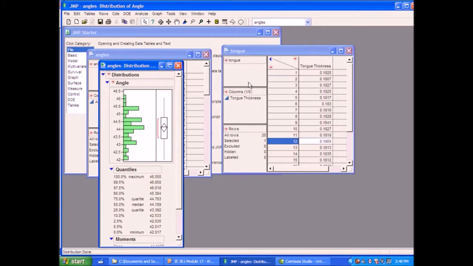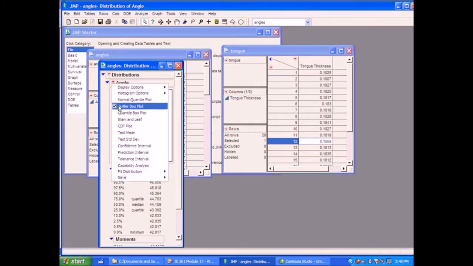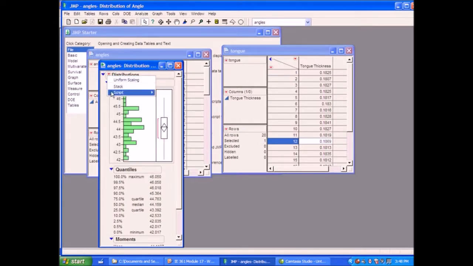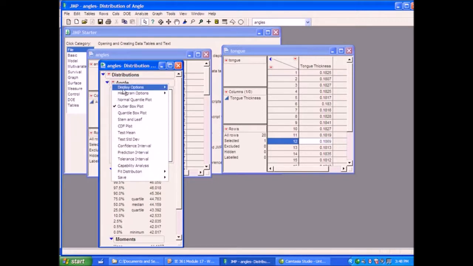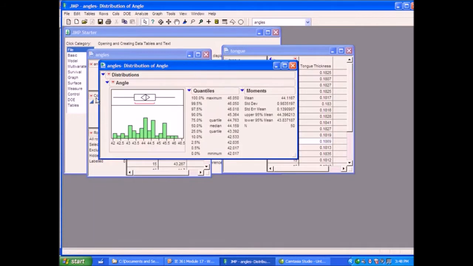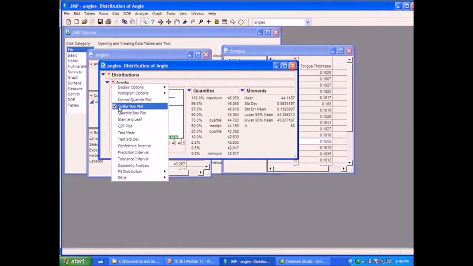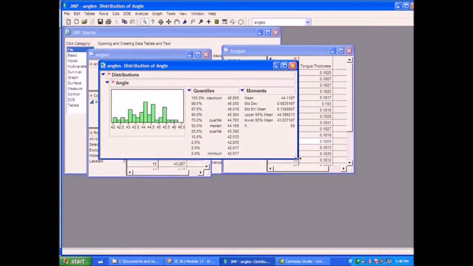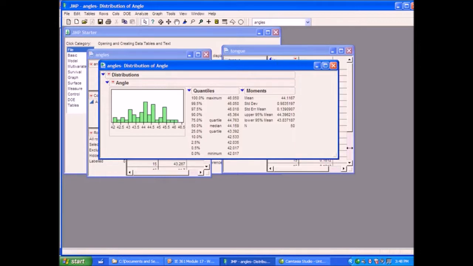Here are the angles, and let's lay this out horizontally. Get rid of that box plot, and there's what that data set looks like.